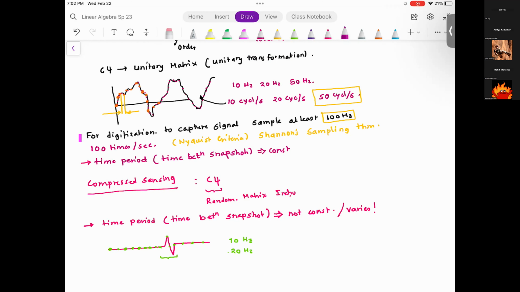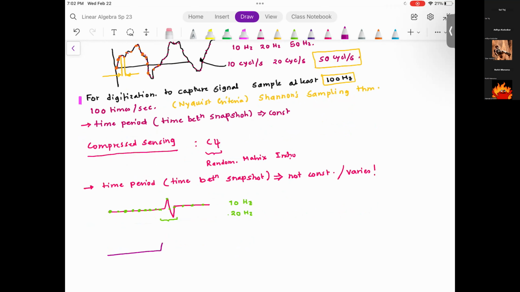Now, in contrast, if you are going to do compressed sensing, the compressed sensing will actually sense something like this. So this is exactly what is happening in compressed sensing. When you are doing the Nyquist sampling or the usual sampling, this delta t is going to be constant.